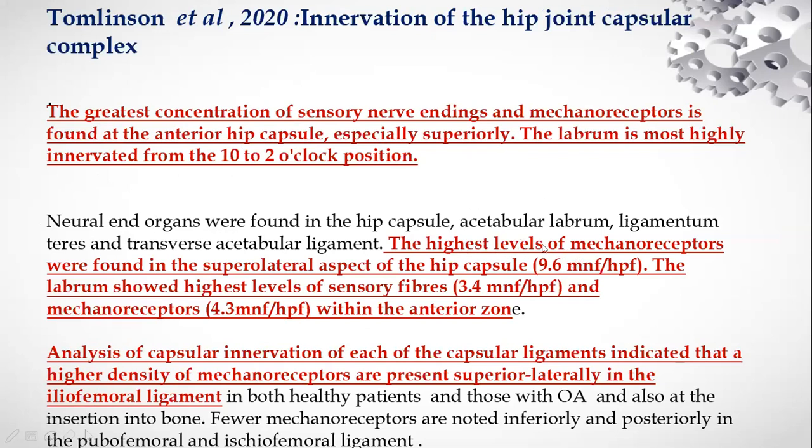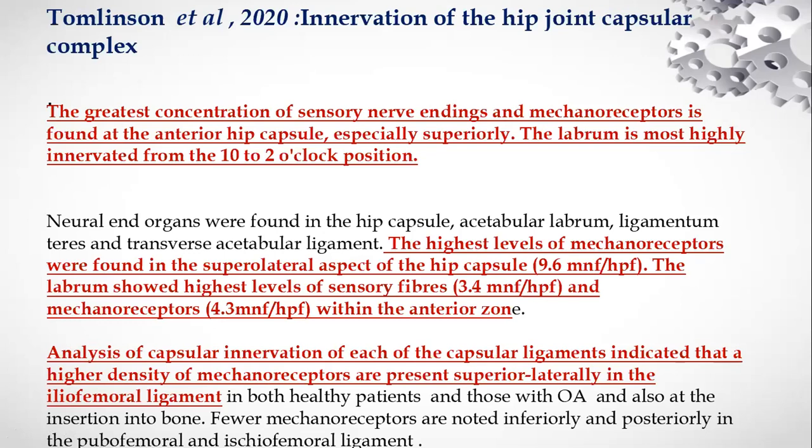This gives an idea that for hip analgesia, the anterior capsule and the superolateral capsule are the important parts we have to concentrate on.